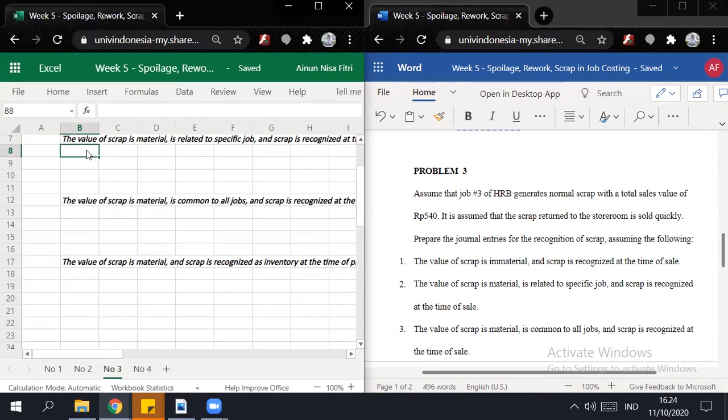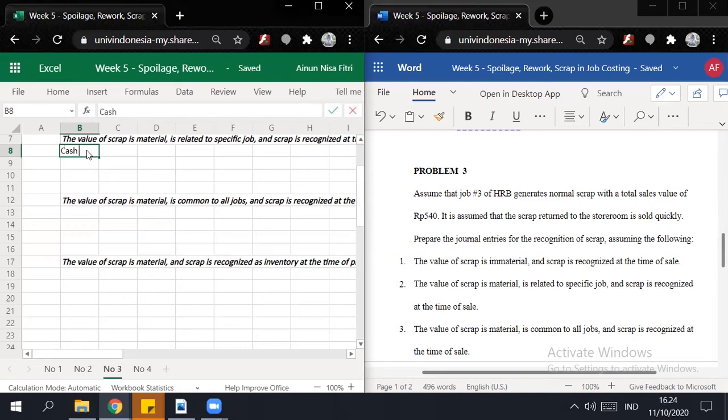So if the scrap is immaterial and then it is recognized at the time of sale, therefore for the debit side, we have to recognize the cash we received, or if the scrap is sold on account, therefore it is account receivable.